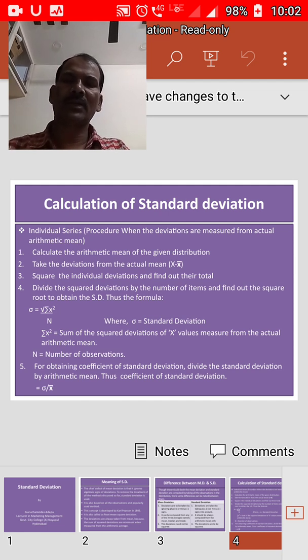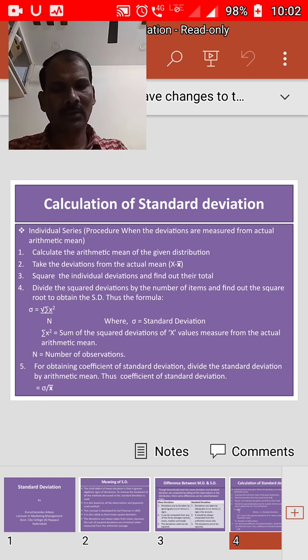Take the deviations from the actual mean, that is x minus x bar. Third, square the individual deviations and find out their total. Fourth, divide the squared deviations by the number of items and find the square root to obtain the standard deviation.